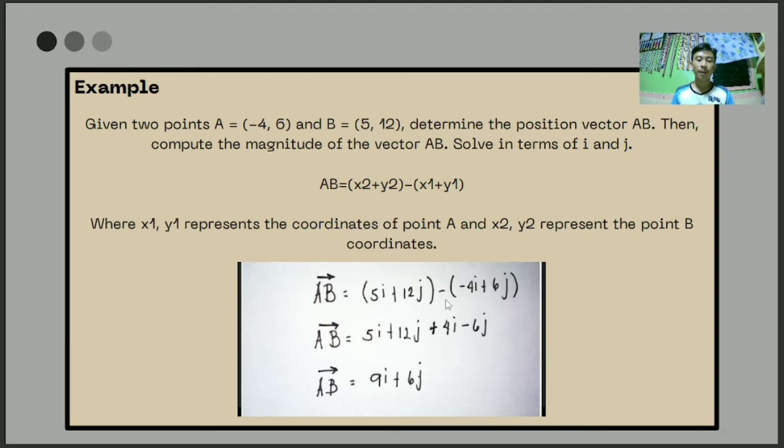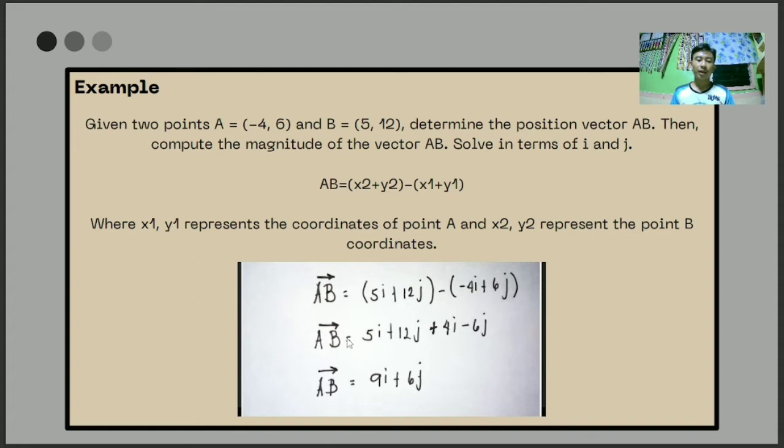And remember, we have a negative sign here, so we're going to distribute it to -4 and 6. Negative times negative is positive, and negative times positive is negative. So here, position vector AB is equal to 5i plus 12j plus 4i minus 6j.